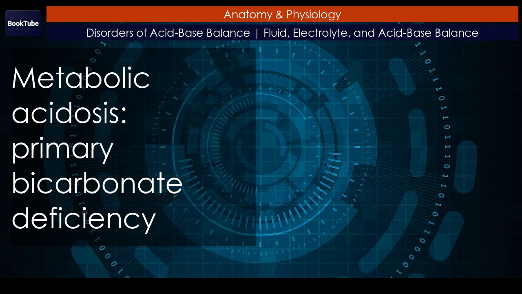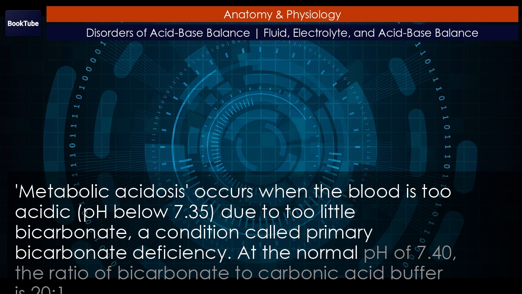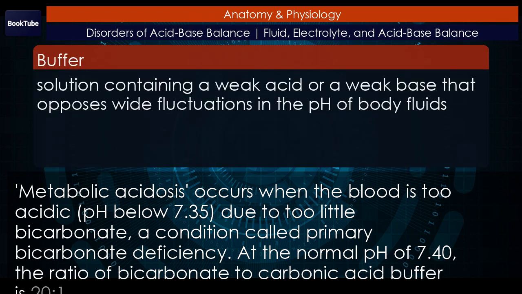Metabolic acidosis, primary bicarbonate deficiency. Metabolic acidosis occurs when the blood is too acidic, pH below 7.35, due to too little bicarbonate, a condition called primary bicarbonate deficiency. At the normal pH of 7.40, the ratio of bicarbonate to carbonic acid buffer is 20:1.